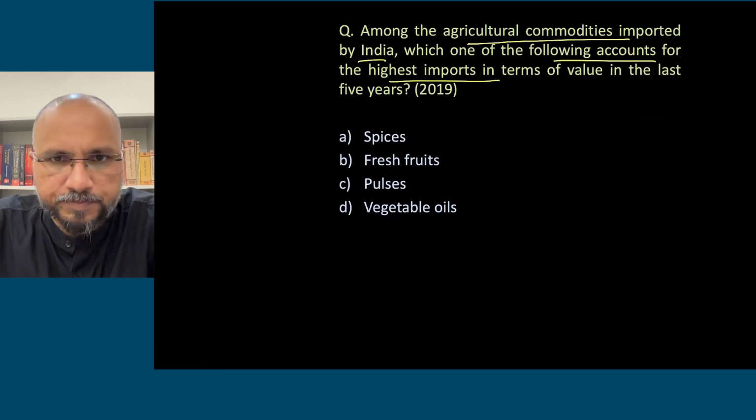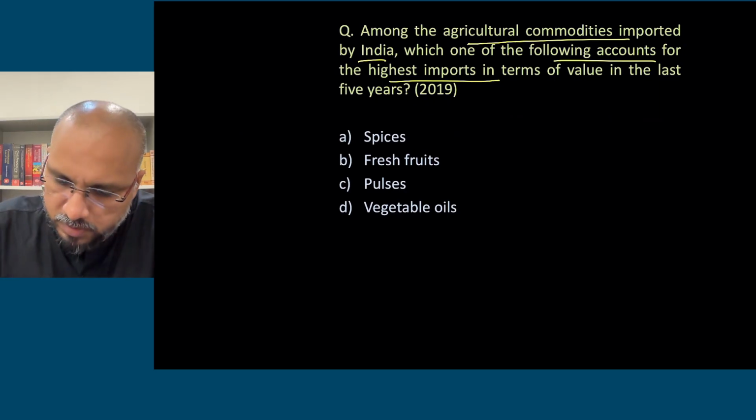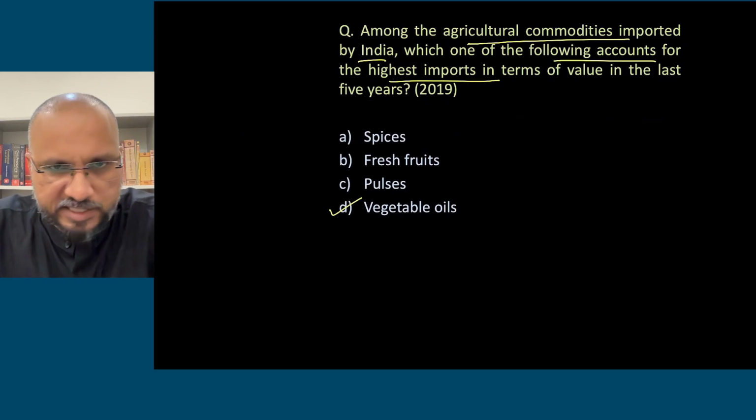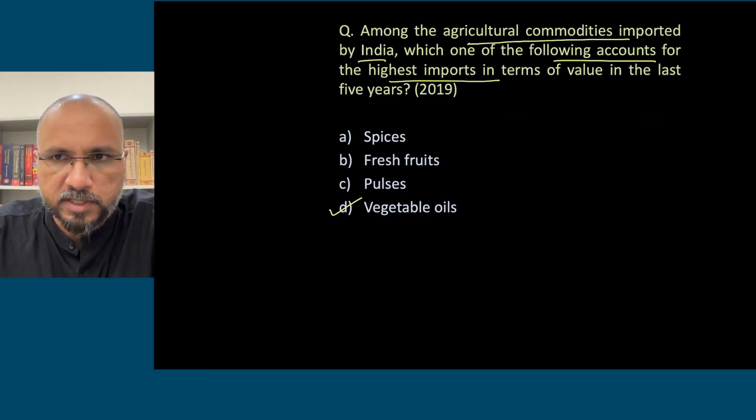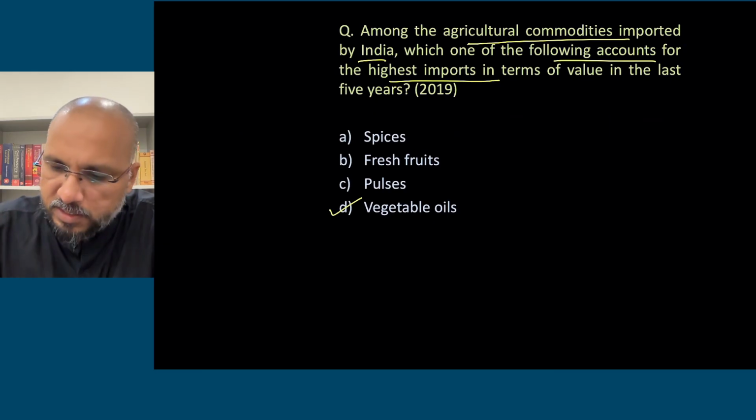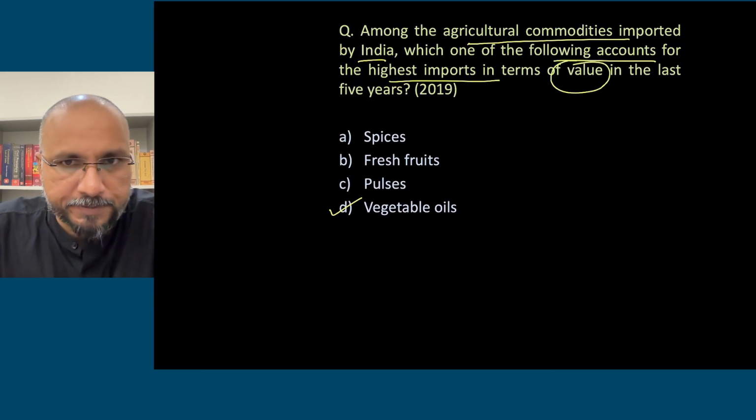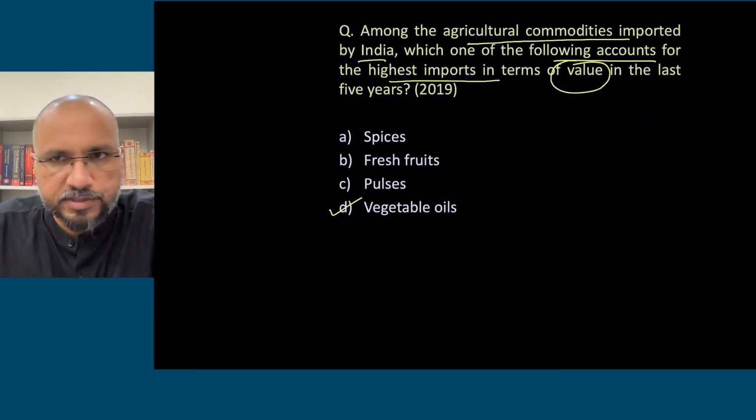For our consumption, we import a lot of vegetable oils. After that, pulses. This is not with respect to the quantity, this is with respect to the monetary value. Such questions can be asked.